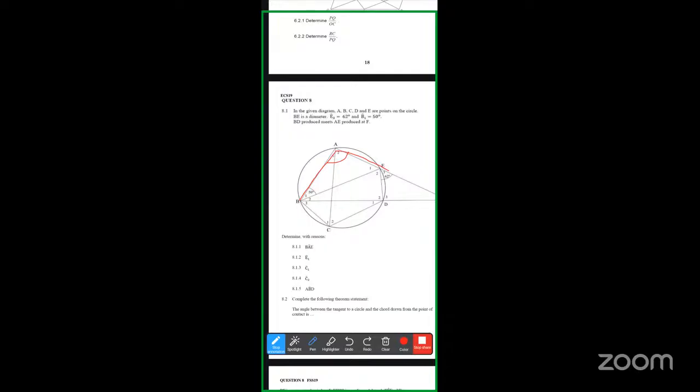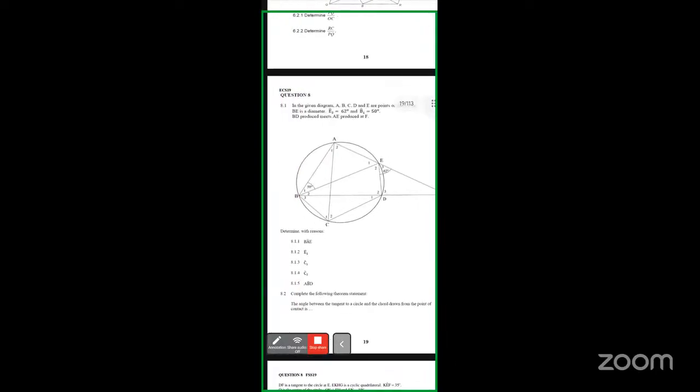Angles in a semicircle equals 90 degrees. Oh, okay, 100% correct. You can get the full 2 marks. Do you guys understand why we say angle BAE is 90 degrees? Yes, sir. Okay, thank you. That is going to be 90 degrees because we were given that BE is the diameter in the diagram.